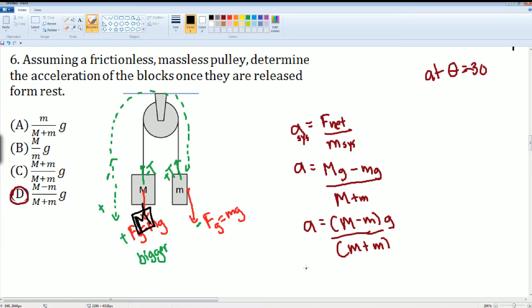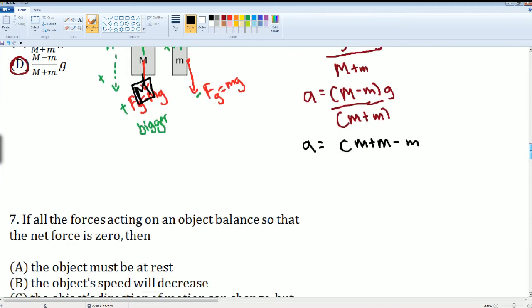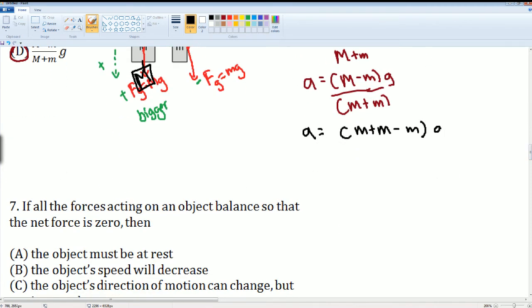If they added the extra mass, it's the same thing. So on top, it's still big mass plus big mass minus little mass, times gravity, all over the summation of the mass of the system.